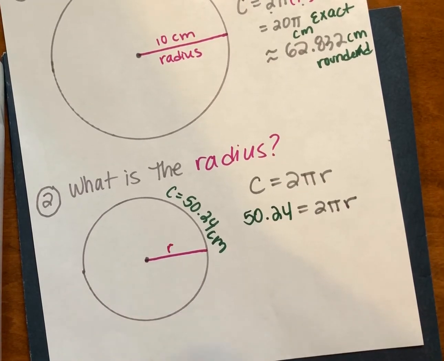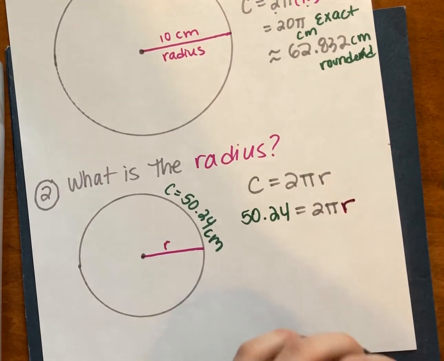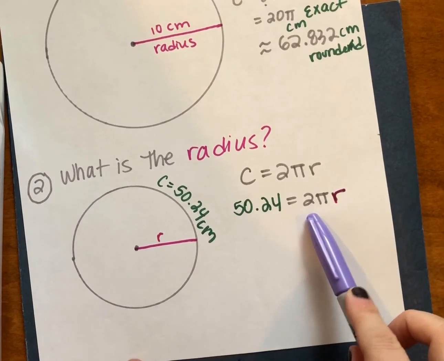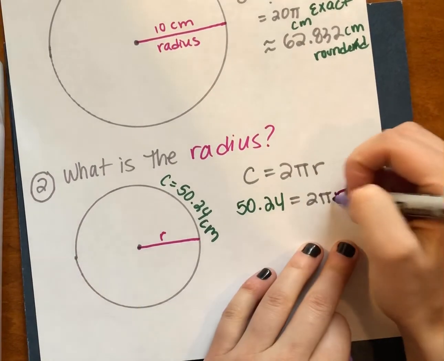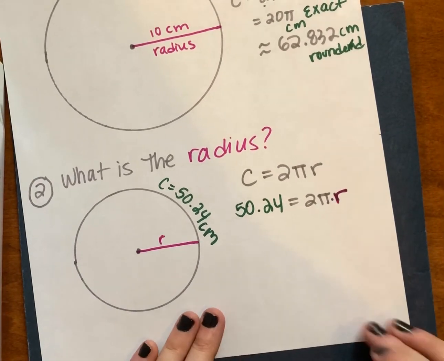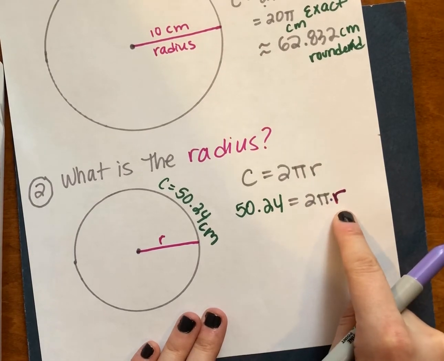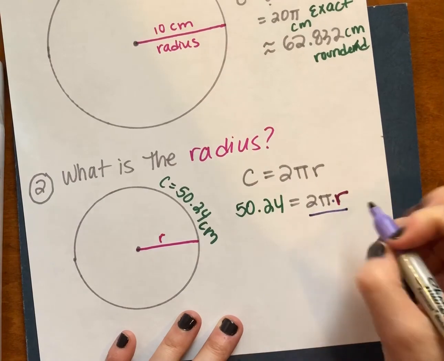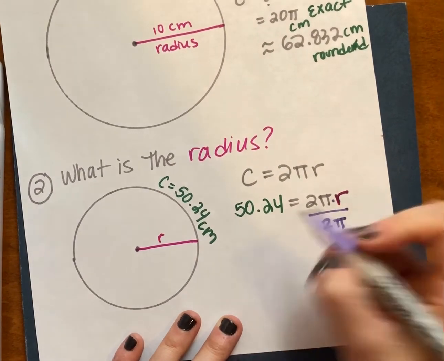My job is to find this r. That's the thing I don't know. So I'll ask myself, well, what's happening to r? Oh, it's getting multiplied by 2 pi. 2 pi is just a number, it's close to 6-ish. And so if that's what's multiplying by r, my variable, my unknown, I'm going to divide both sides by 2 pi.